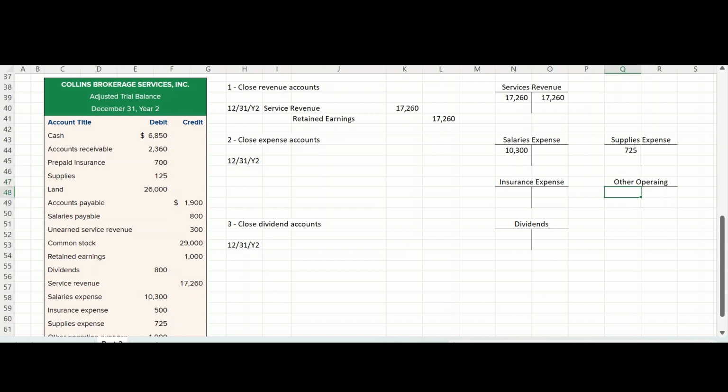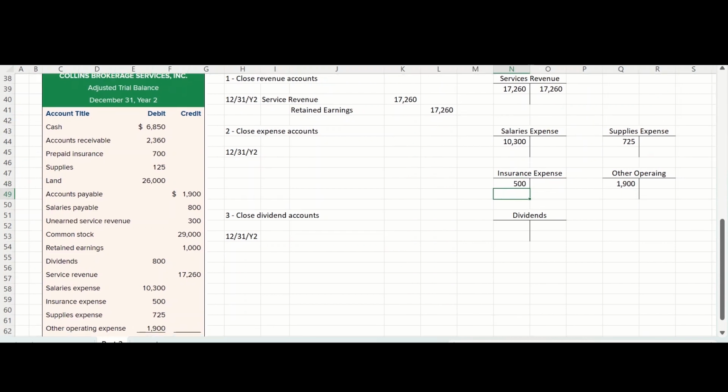Other operating expenses with a balance of $1,900 debit, and then interest expense with a balance of $500 debit. Now, all of these accounts have a debit balance currently, so we must credit these accounts in order to close them. So that means we must debit retained earnings and credit all the expenses.